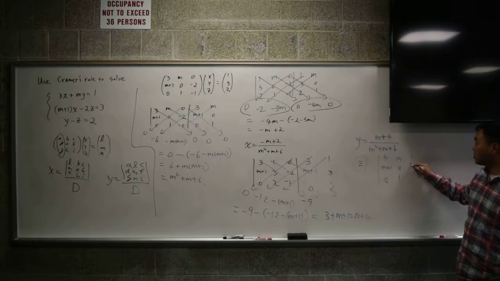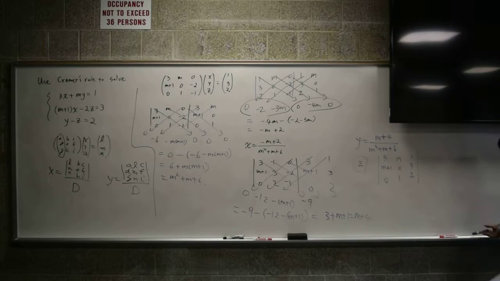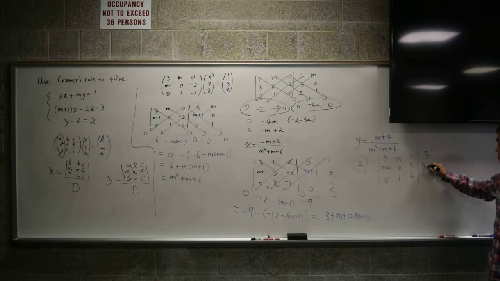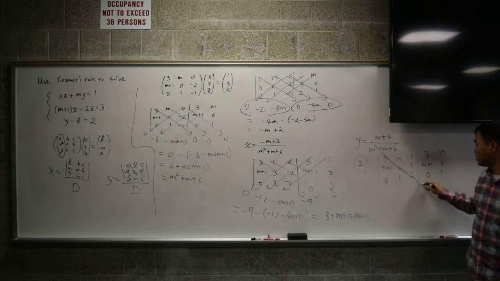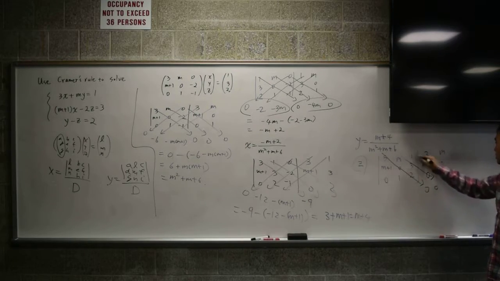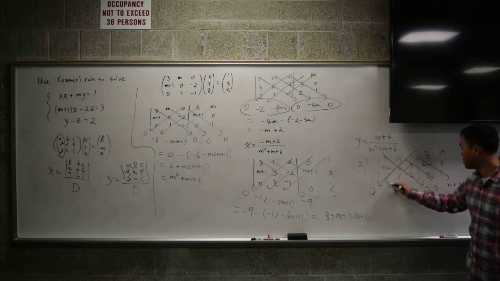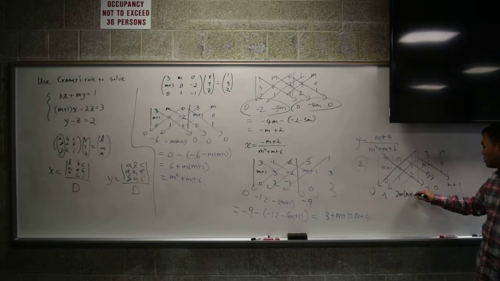And then you do 1, 3, 2. Again, copy down the first two columns. 0, 0, m plus 1, 0, 9, 2 times m plus 1.